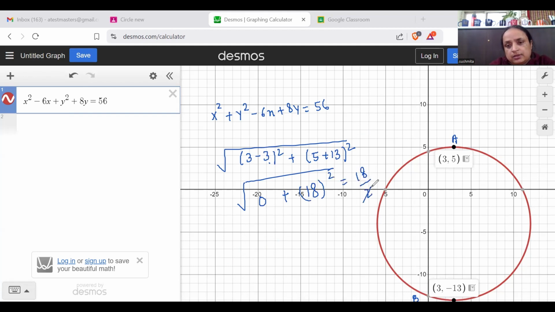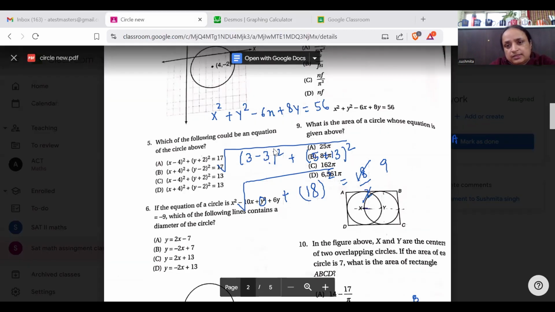So the radius is going to be 9. Definitely we can easily get the area of the circle because the radius is 9, so the area would be 81 pi.